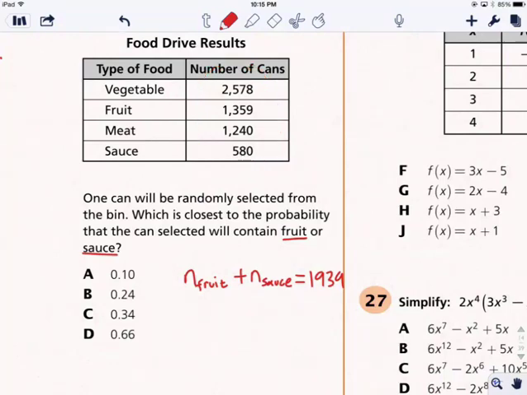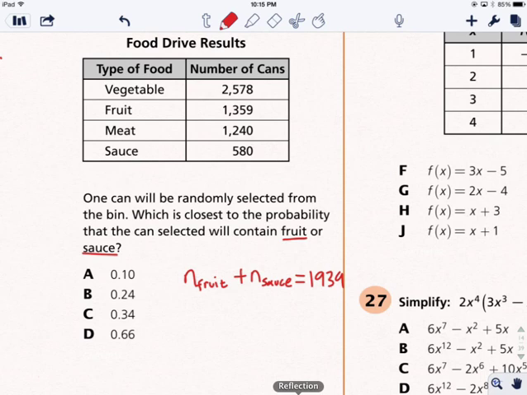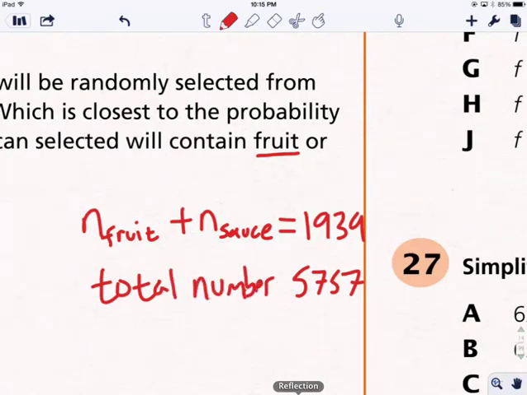So to do that, just add all 4 of these numbers up, and the number that you get should be 5,757. Total number of cans.